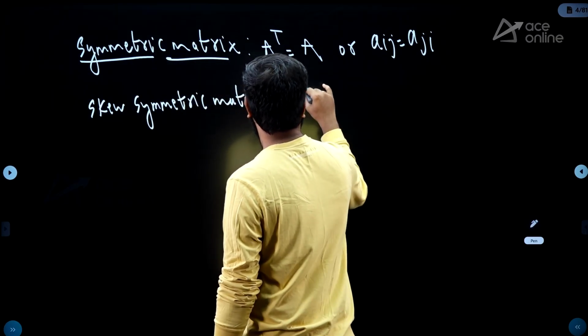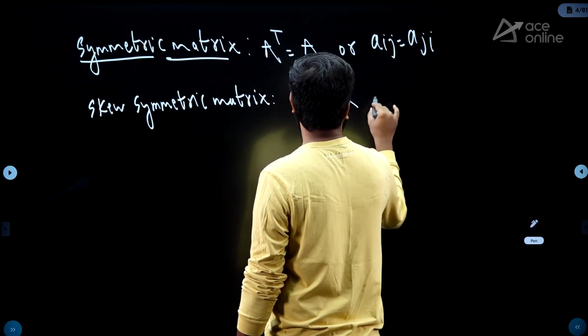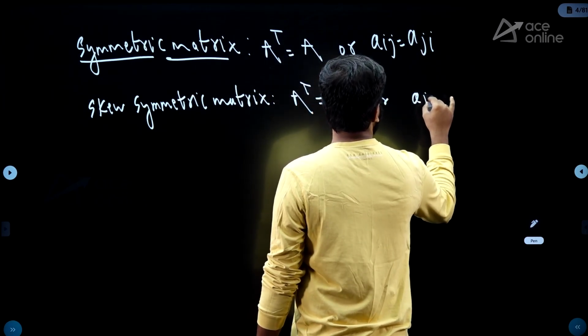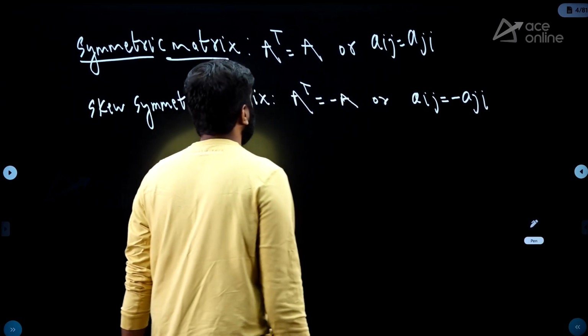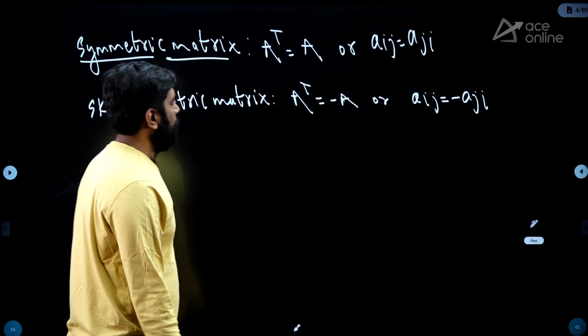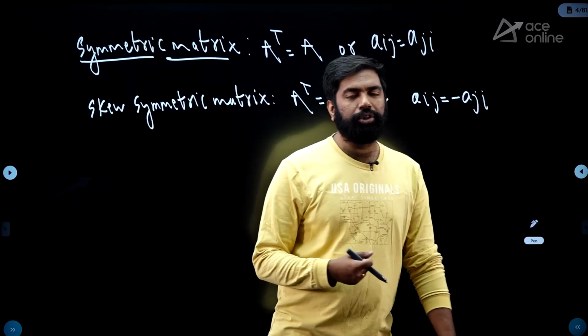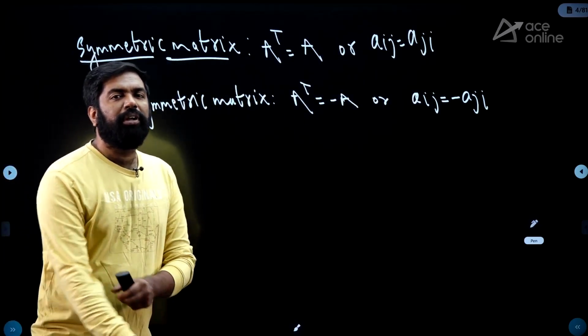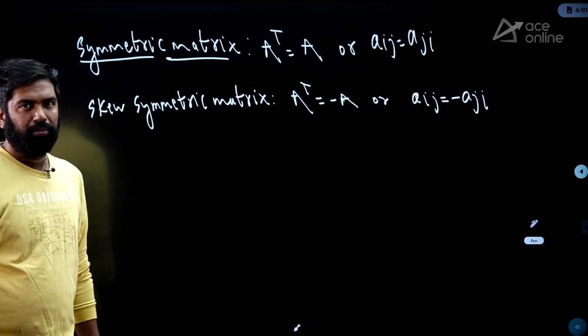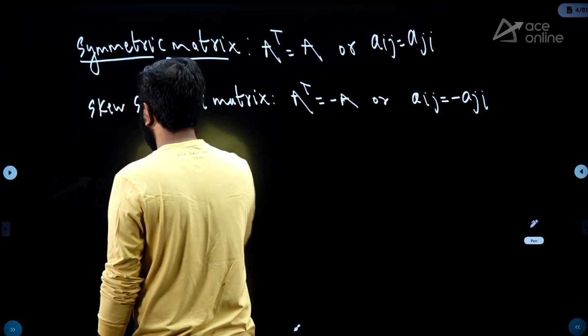Where A transpose equal to minus A, or you can say Aij equal to minus Aji. So this is a skew-symmetric matrix. There is an interesting property about skew-symmetric matrices. The principal diagonal elements of a skew-symmetric matrix are always 0. So you have to remember that.